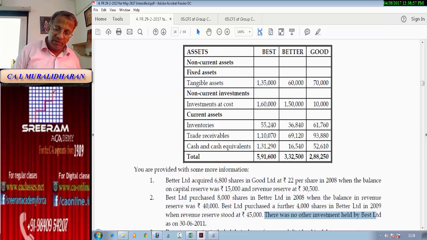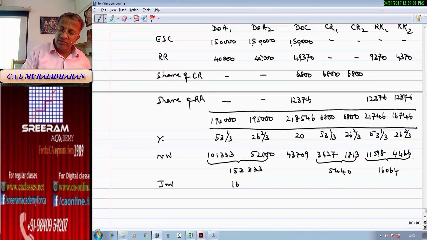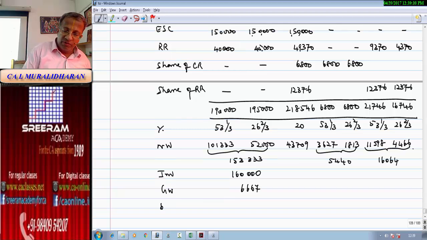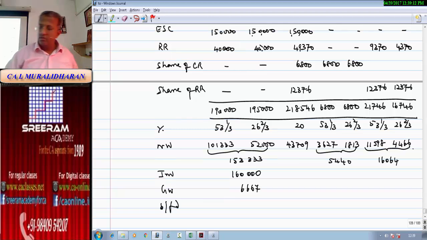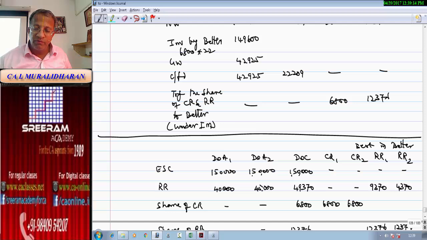There is no other investment held by best. So 1,60,000 entirely. This would result in a goodwill of 6,667. Brought forward from the previous one, 42,925 goodwill.